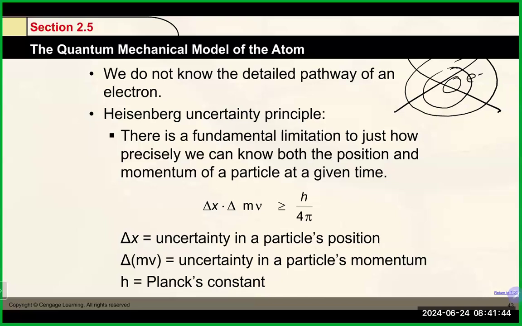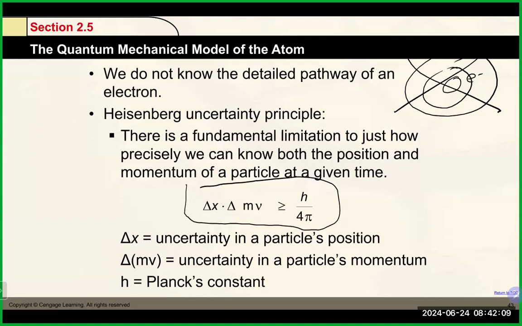And vice versa, the more you know about its location, the less you know about how it's moving. So there's a lot of uncertainty, and that's Heisenberg's equation there: the uncertainty of a particle's position times the uncertainty in its momentum is greater than or equal to Planck's constant divided by 4 times pi.